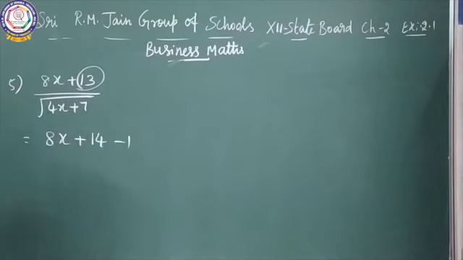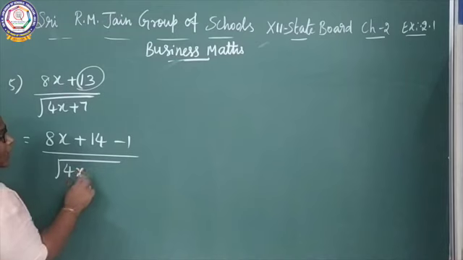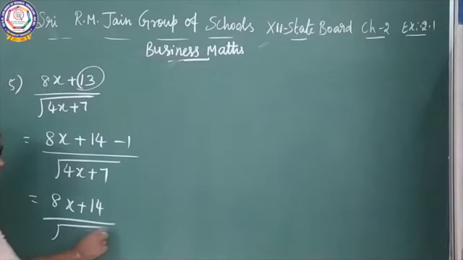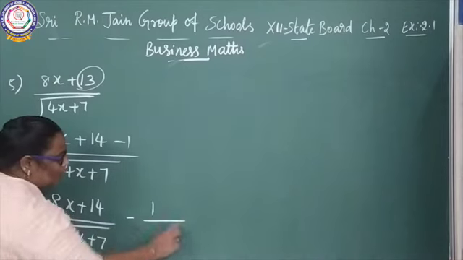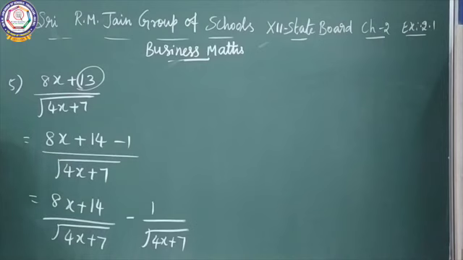Okay, you will think and do the sum by root of 4x + 7. You can separate the term. See here, (8x + 14) by root of (4x + 7) minus 1 by root of (4x + 7).